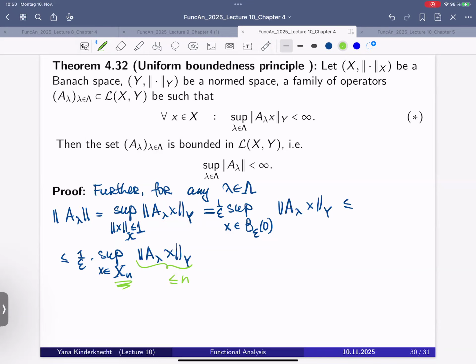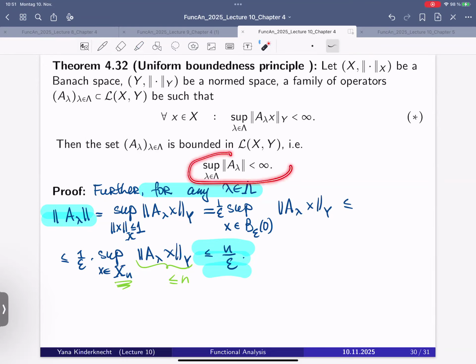So all the rest is then smaller or equal than n over epsilon. So we have the estimate: the norm of A_lambda is smaller or equal to n over epsilon. And this holds for any lambda. n is fixed, epsilon is fixed. So we have obtained what we wanted. So everything is done.